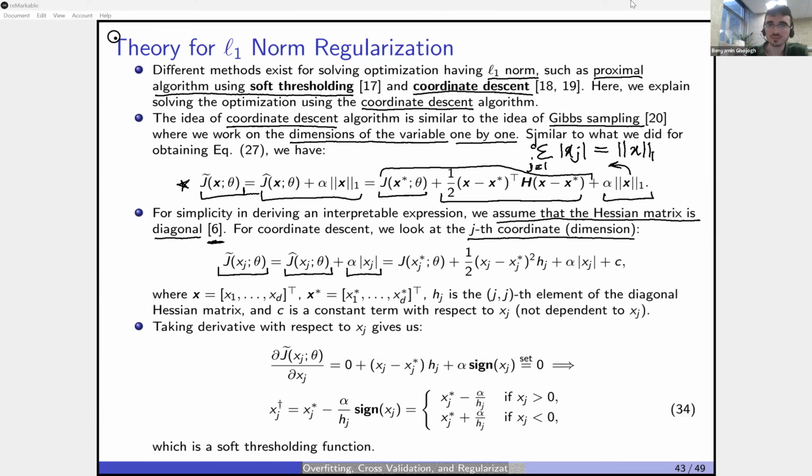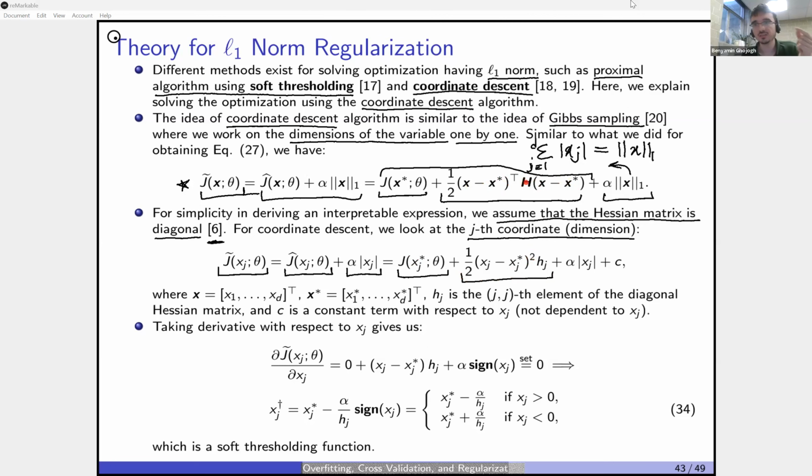The Taylor series approximation. If you consider only the jth element, we'll have J of xj star plus this. Here we'll have xj minus xj star. Here we'll have also xj minus xj star. As they are scalars now, because we are considering only one of the dimensions, it becomes xj minus xj star squared.